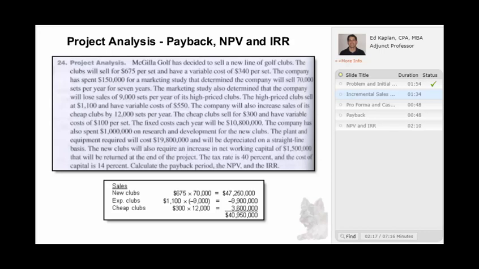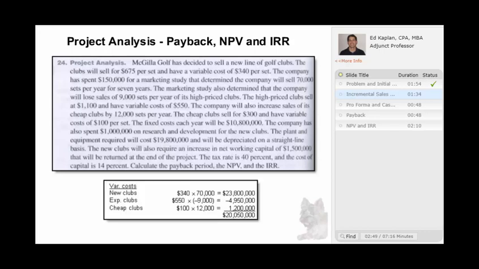But we will also substitute some sales or cannibalize some sales of existing clubs, and we will then also have some incremental sales of the cheap clubs, and that comes out to be $3.6 million. So when we add up the incremental sales and also reduce the substituted or cannibalized sales, we see that sales will come out to be $40,950,000.